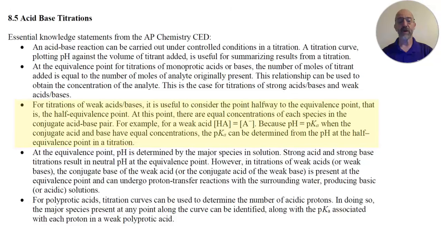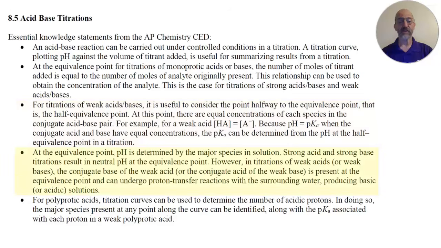So, for example, for a weak acid, the concentration of the weak acid, or HA, is equal to the concentration of the conjugate base, A-. And so because the pH is equal to the pKa when the conjugate acid and base have equal concentrations, the pKa can be determined from the pH at the half equivalence point in a titration.